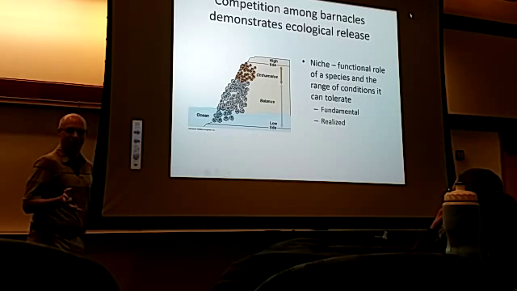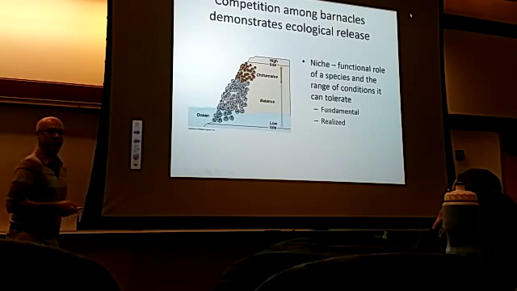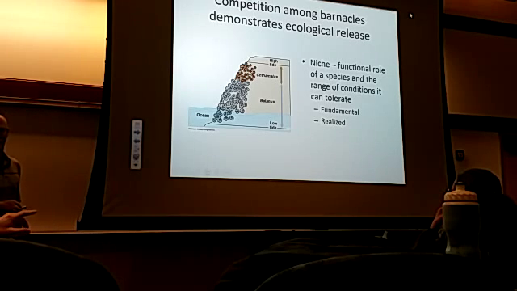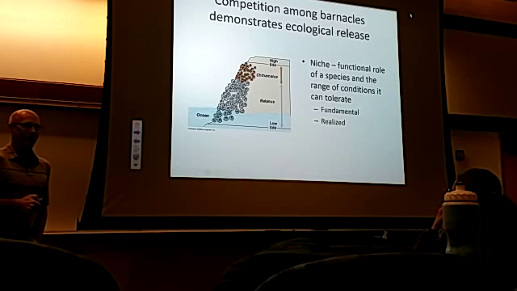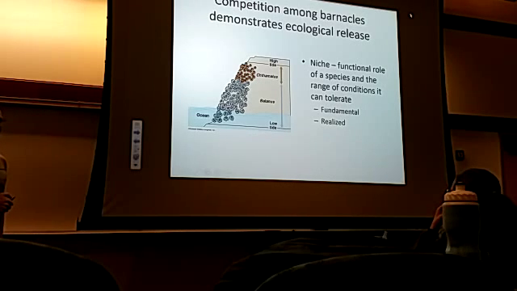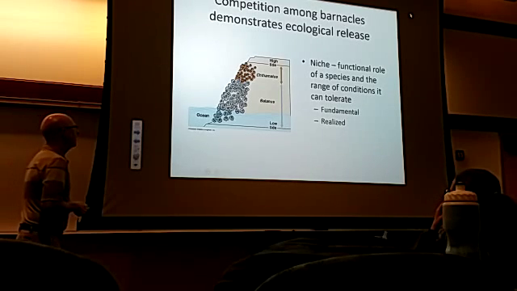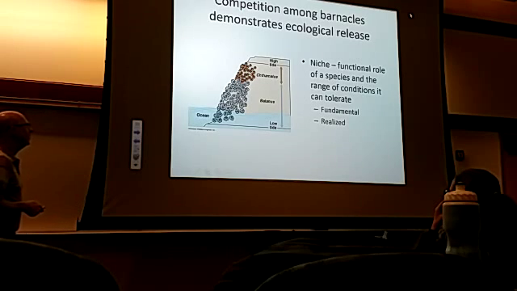Okay, so your evidence for that is that in the absence of Balanus, Thalamus expands. Right, but the opposite isn't true. So there's both competition and the Thalamus specialized to where it can tolerate the higher places on the rock than the Balanus.